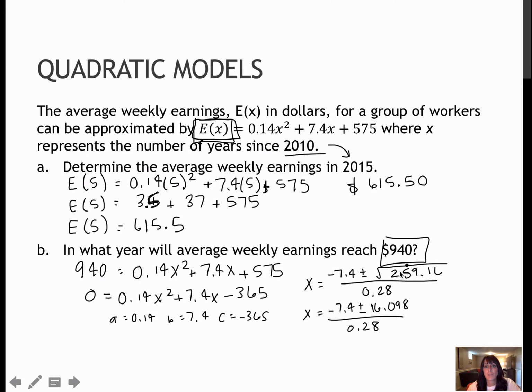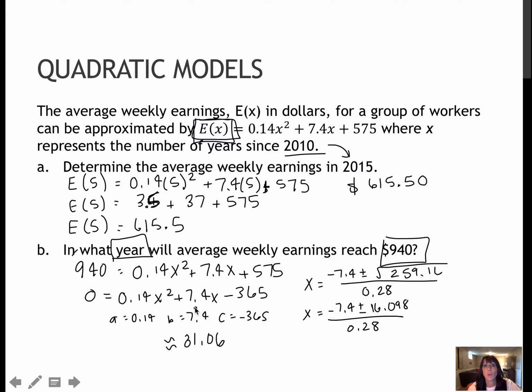Remember, to find my solutions, I will take negative 7.4 plus that value divided by 0.28 and then subtract that value and divide it by 0.28. I know that I'm looking for a year, and so having a negative value would not make sense at all. So the only one I'm going to worry about is negative 7.4 plus 16.098 divided by 0.28, and that gives me 31.06.